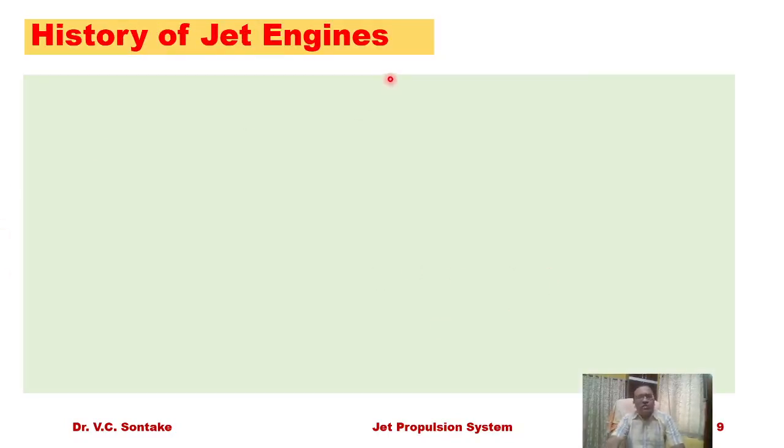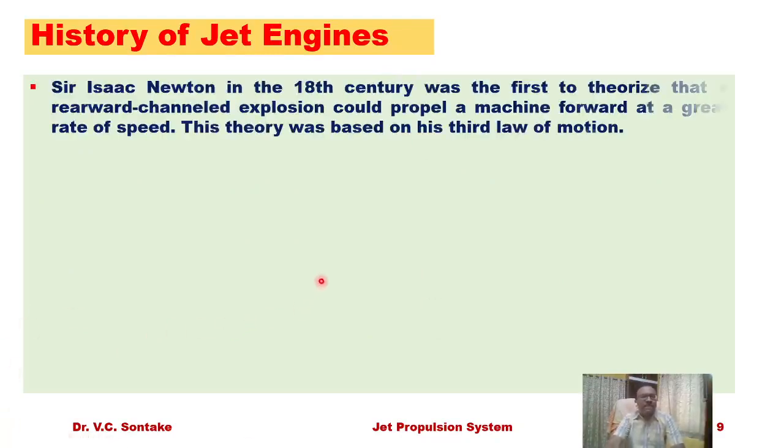Now the history of this jet propulsion system or various types of jet engines. Sir Isaac Newton in the 18th century was the first to theorize that a rearward channeled explosion could propel a machine or system in the forward direction at a great rate of speed.